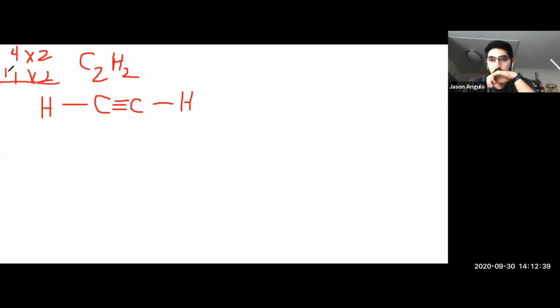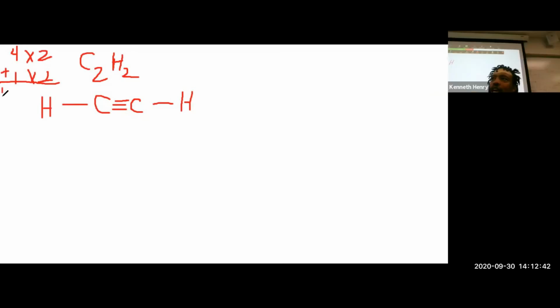I need to make sure that I have 10. All right, so that's 2, 4, 6, 8, 10. Okay, I'm good. Now, each of the carbons has 8 around them. 2, 4, 6, 8. Okay, that's good. This carbon has 8 around it. 2, 4, 6, 8. That's good. Each hydrogen has 2 around it. We're happy.